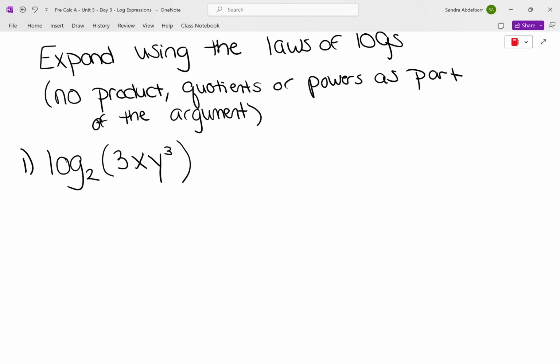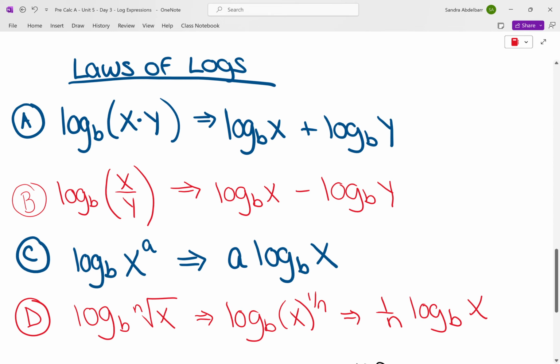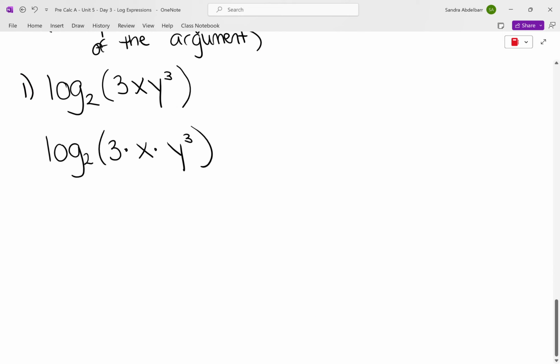So this is the same as log base 2 of 3 times x times y to the third. Do we agree? And when the argument's multiplication, I can split that into log what? Go back to your rules. When the argument's multiplication, I could split it into log addition. If the argument's division, I could split that into log subtraction.